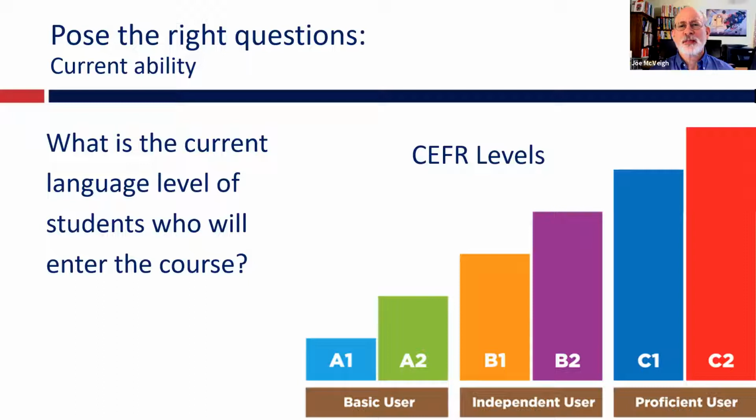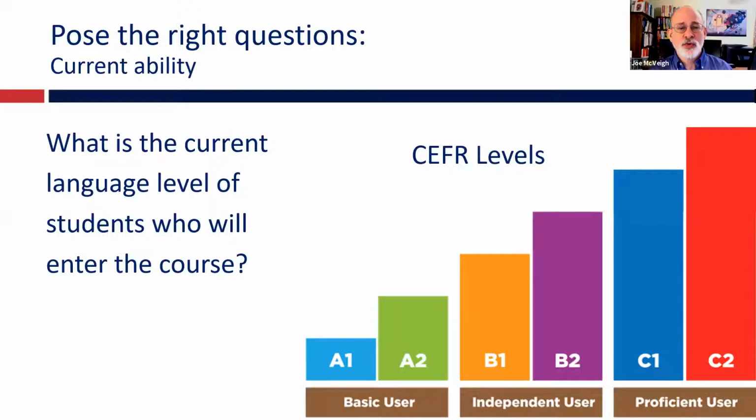And this is a commonly agreed upon scale that goes from very, very beginning low-level learners at the A1 level all the way up to quite proficient learners at the C2 level. It's one way to delineate the level of language learning. And I think we have in the chat box some resources if you'd like to look into that and learn a little bit more about it. So obviously we need to know where our students are in terms of language as we're thinking about where we want to move them.